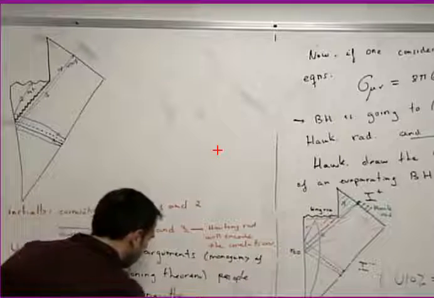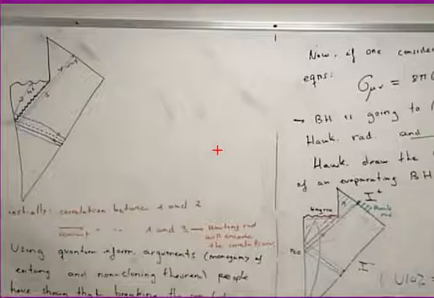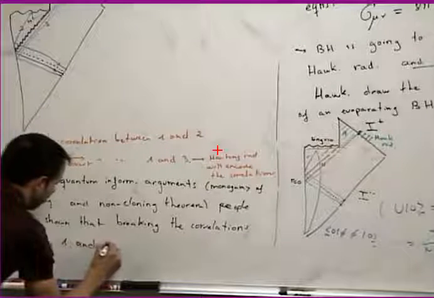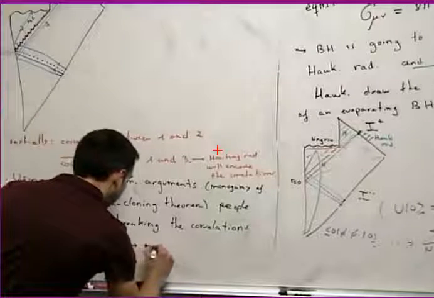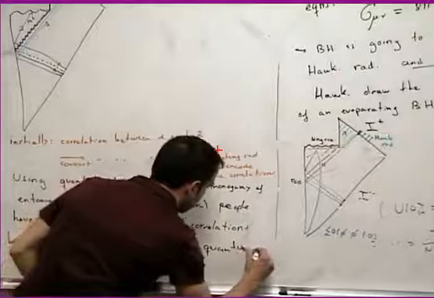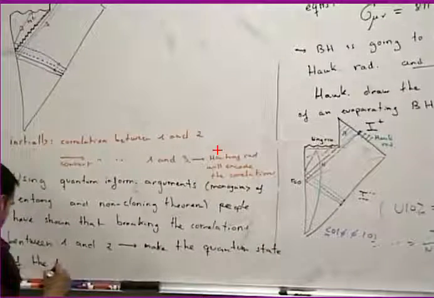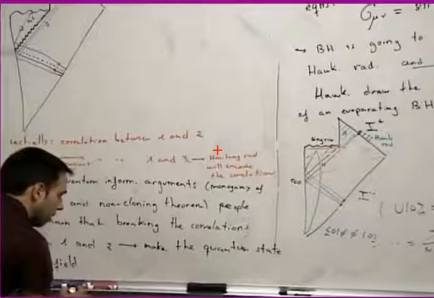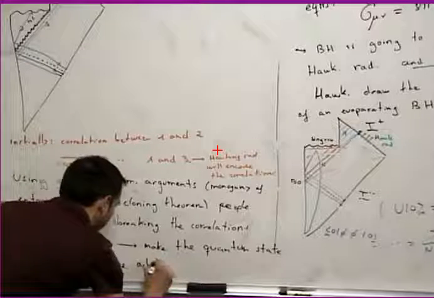breaking the correlations, the entanglement between 1 and 2, so between the out and in quanta, makes the quantum state of the field, so the in quantum state, be modified, making the quantum field have arbitrary energy at the horizon.